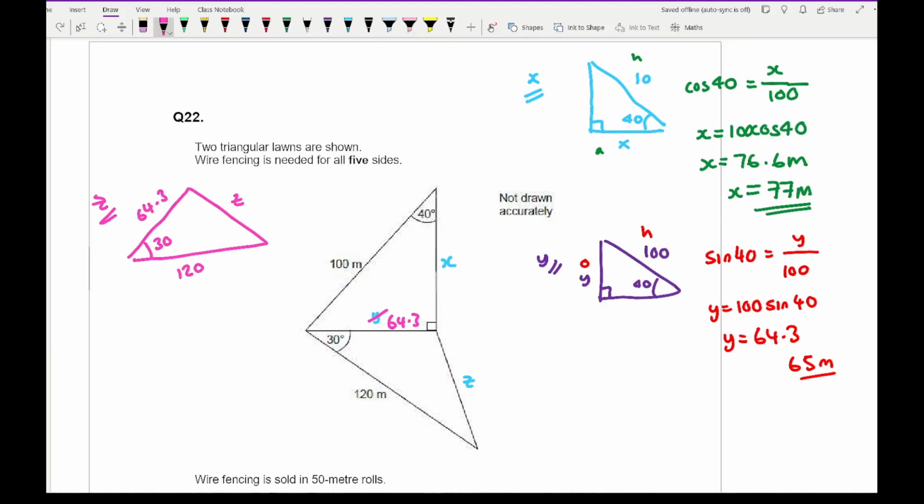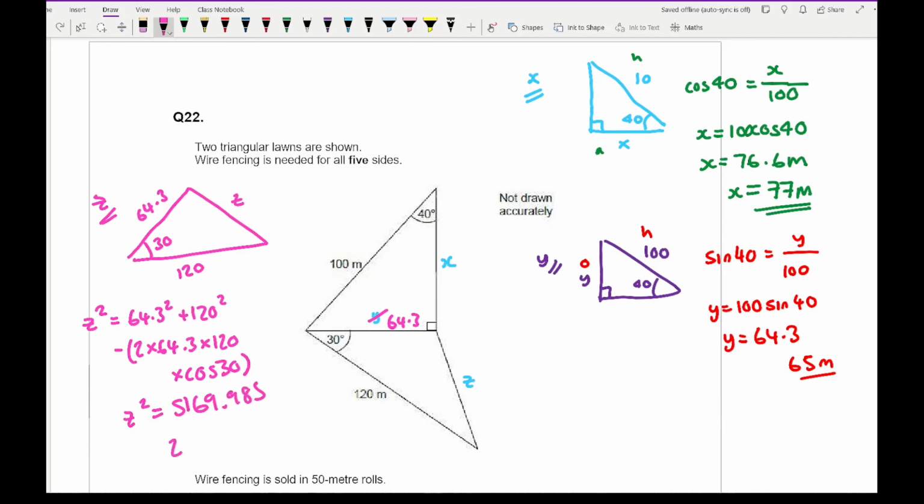Using the cosine rule, z squared equals 64.3 squared plus 120 squared minus 2 lots of 64.3 times 120 times cos 30. Typing that all in, I get z squared equals 5,069.985. So z equals 71.9, which will just round up to 72 meters.